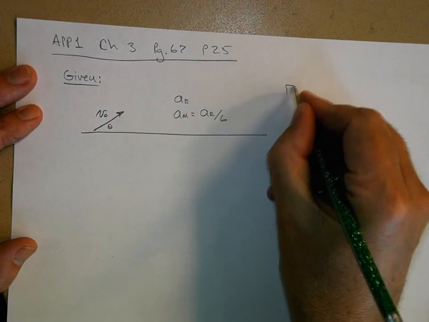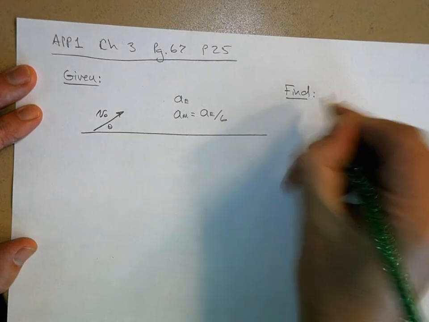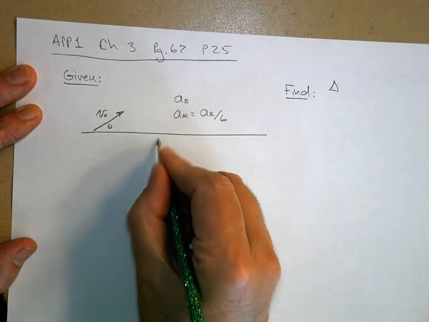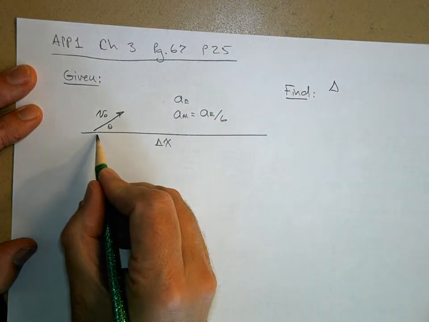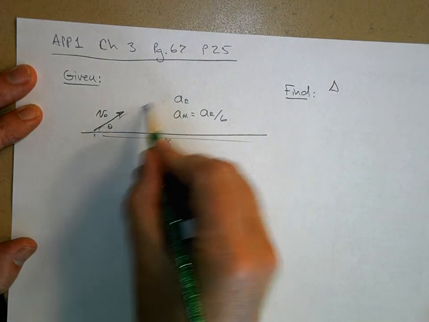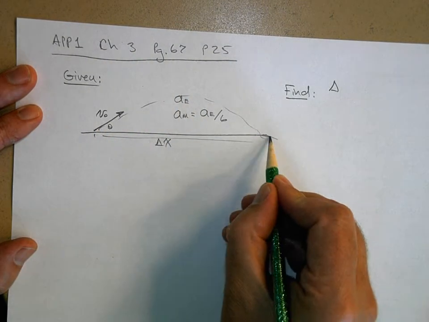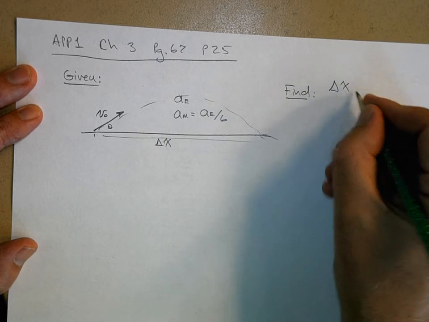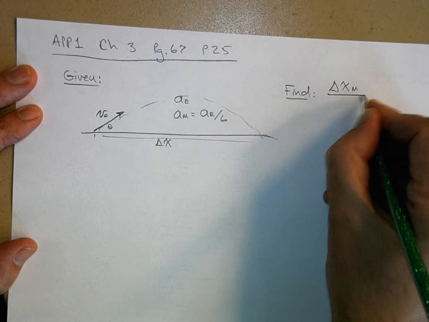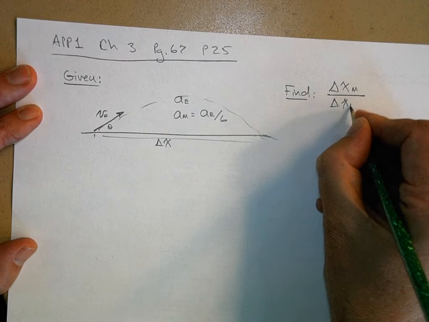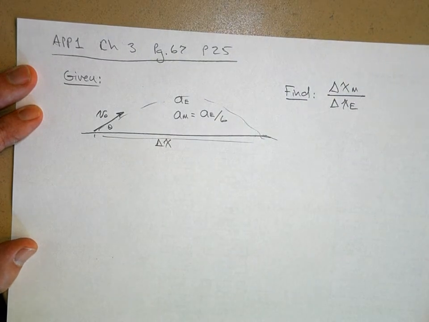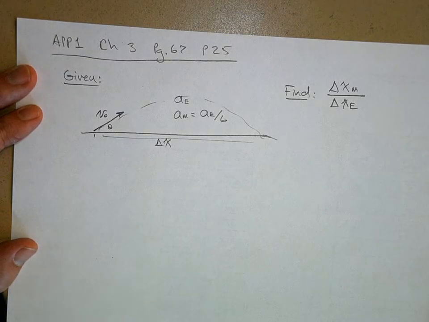And we want to find how the maximum displacement from here all the way over compares. How does this delta x on the moon compare to delta x on the Earth? So I'm going to express it as a ratio. Let's solve.